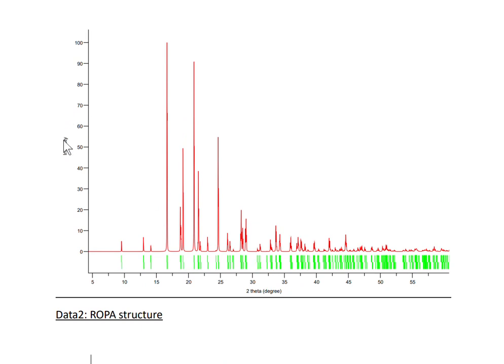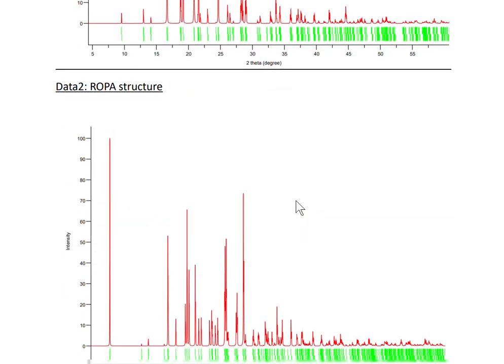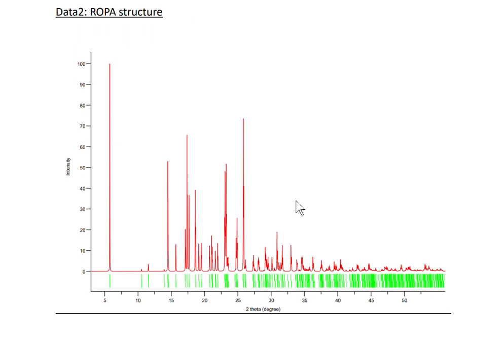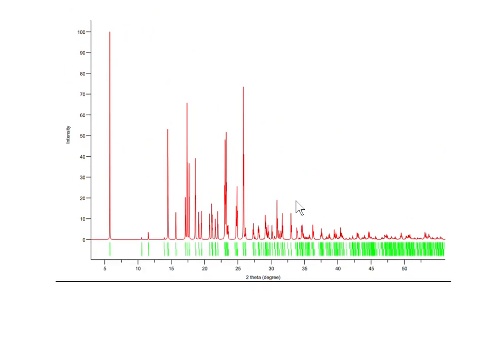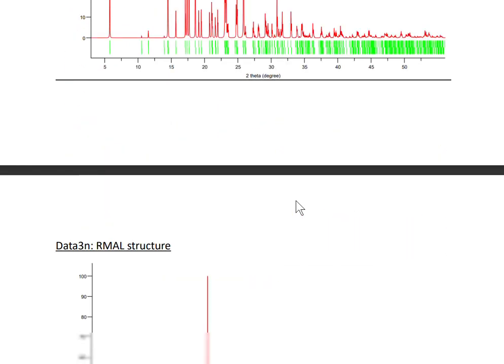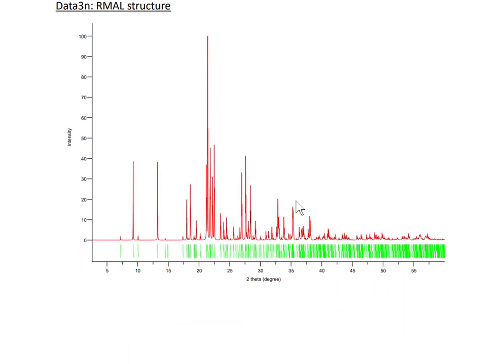So the PXRD pattern is a plot of intensity versus 2 theta, and we can see the reflections. So the HKL reflections and the intensities can be seen from here. For the ROPA structure also, I got the simulated PXRD pattern. And for the RMAL also, I got the simulated PXRD pattern.